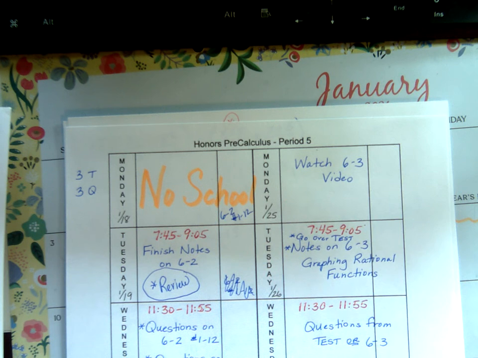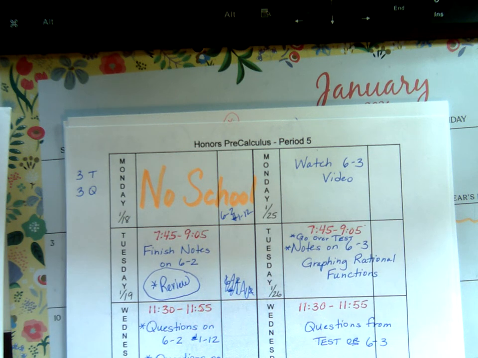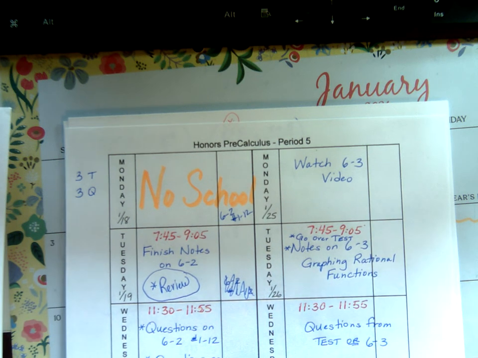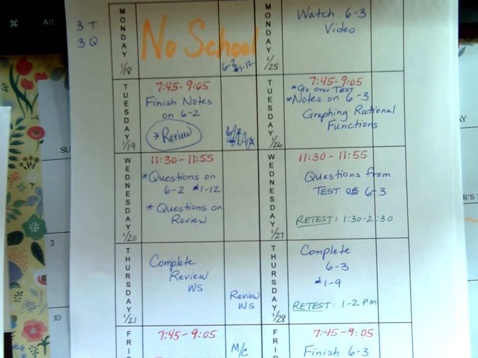And then we'll work on the review on Tuesday, questions from the review on Wednesday. Thursday's a study day, get done the mastery check maybe. And remember, you're only doing the mastery check for section 6-1 and 6-2 because that's what the test is on Friday. So Friday test, 6-1 and 6-2. We just covered everything.